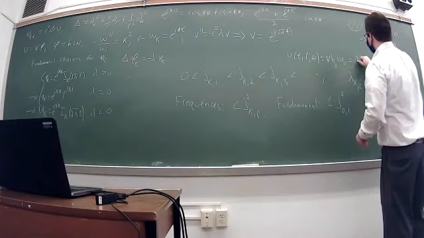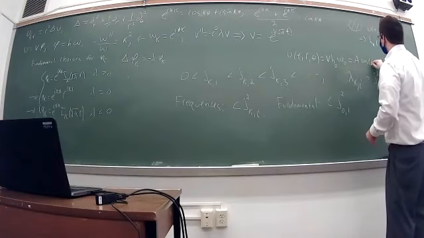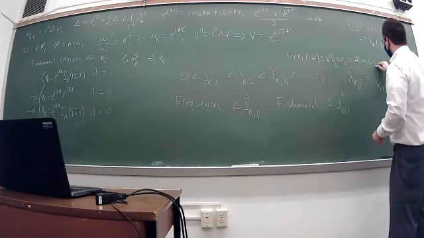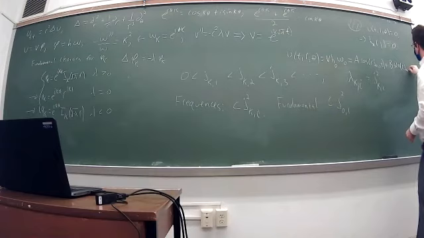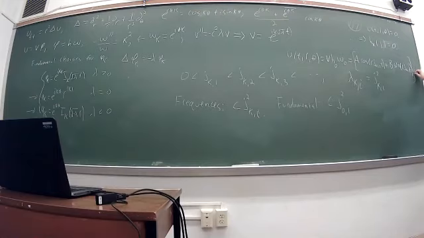So I'll take some constant times cosine of j01 times t, plus some constant times sine of j01 times t, multiplied by this Bessel function, J0 of j01 r.